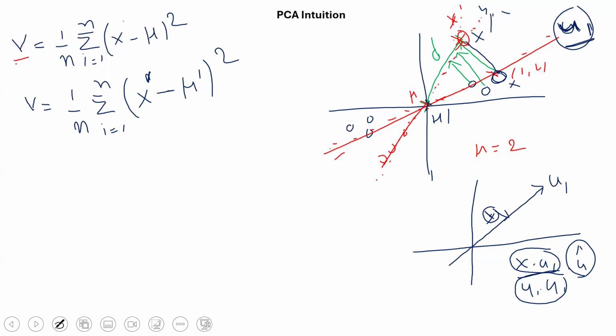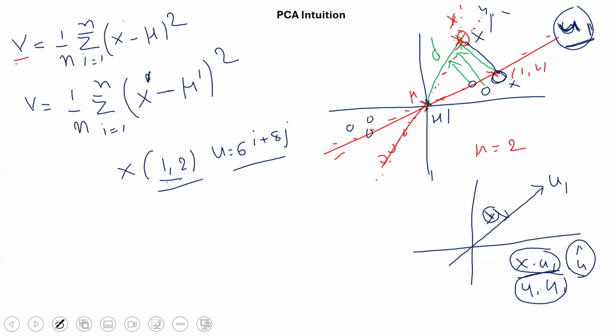Let me give you one simple example so that you understand the projection. We have a point 1 comma 2, and we want to project this onto the vector 6 comma 8, that is 6i plus 8j. As I told you, this is x and this is u.